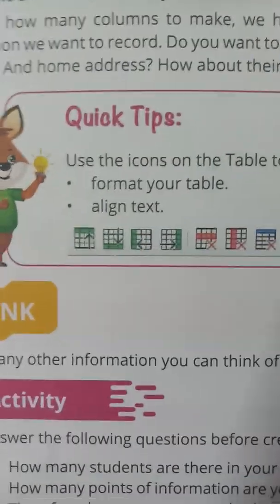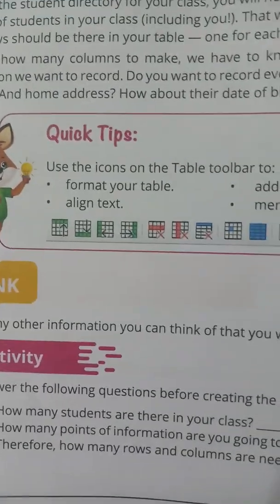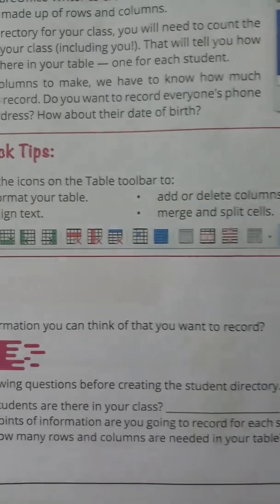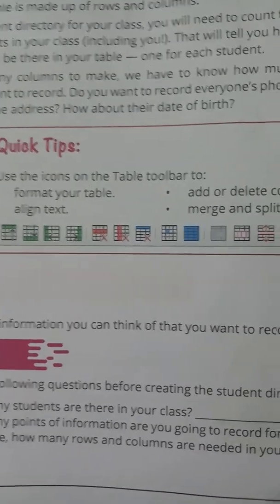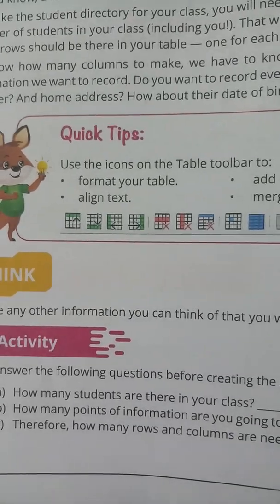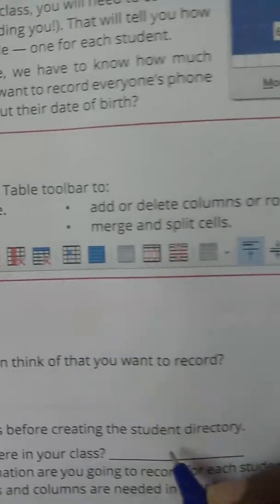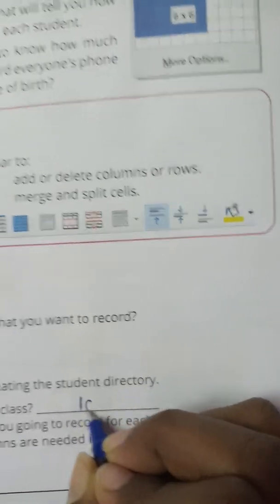After completing the activity, we will see some quick tips. Answer the following questions before creating the student directory. How many students are there in your class? For example, I am taking 10.